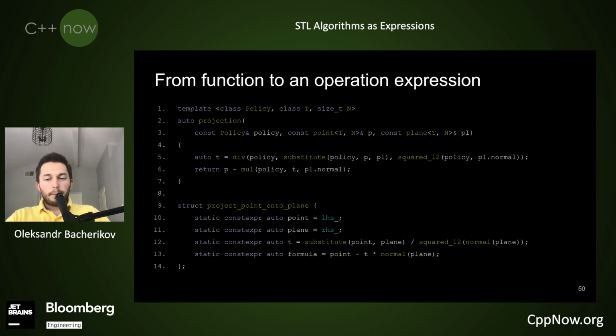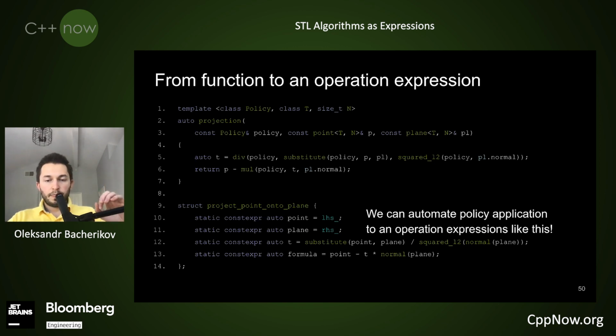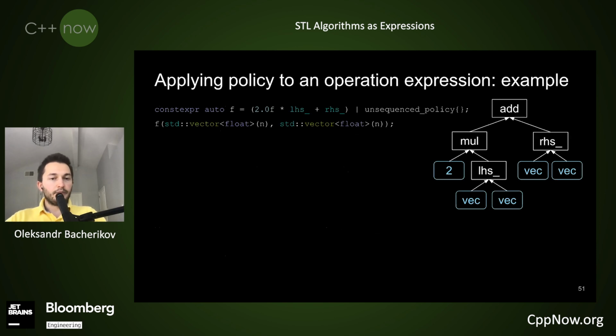But you may ask, where did the policy go from the previous function? Now, the beautiful thing about this is that if you have this expression represented in a consistent way, then we can automate policy application to all the operations inside the expression. And let's look at a simpler example to understand how we can do this.